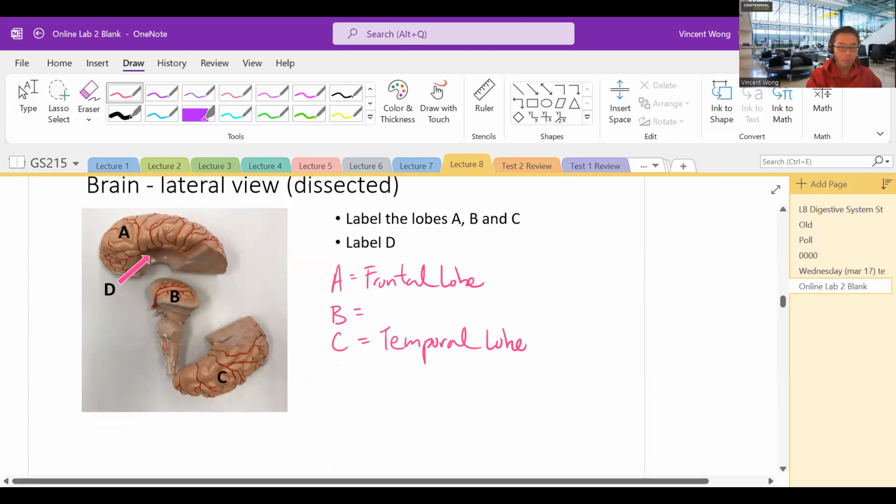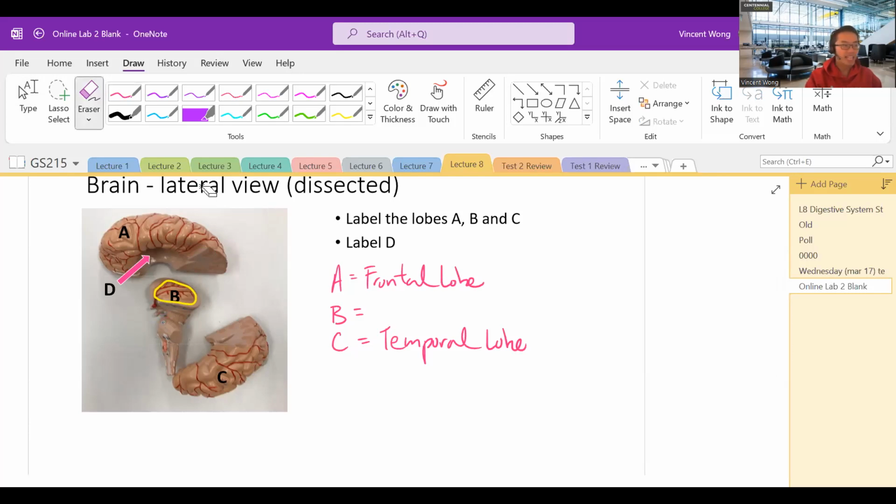Does anybody know what B is? B is referring to this lobe here. What do we call that? Not quite a midbrain. The midbrain is like down here. This is the lobe itself. There is a fifth lobe. Fifth lobe of the brain.